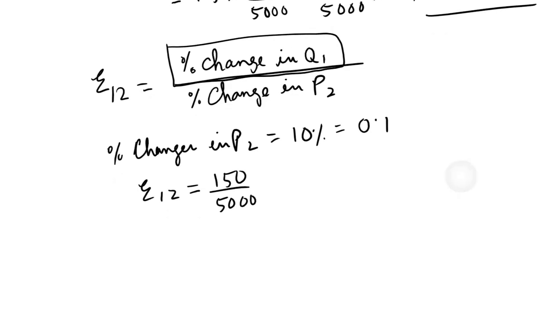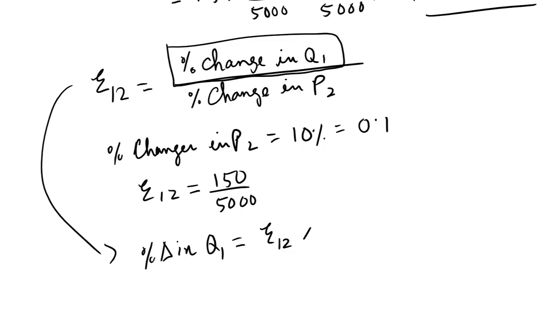So if I cross multiply, then percentage change in Q1 should equal epsilon 1 2 times percentage change in P2.